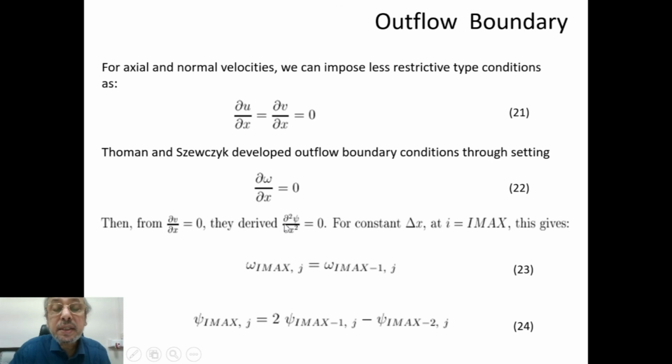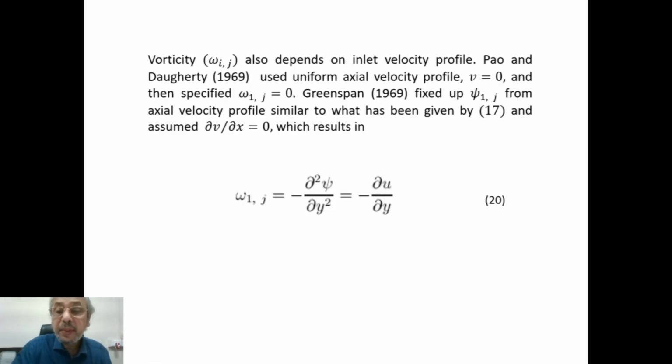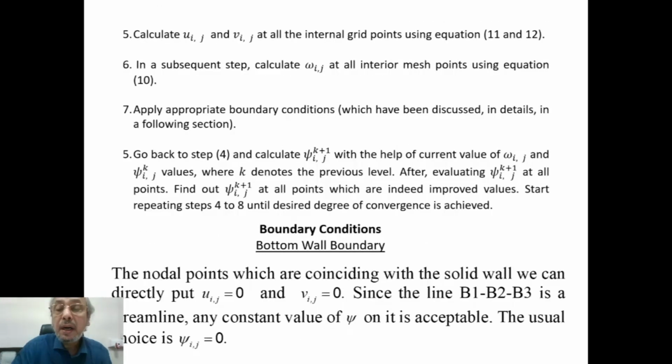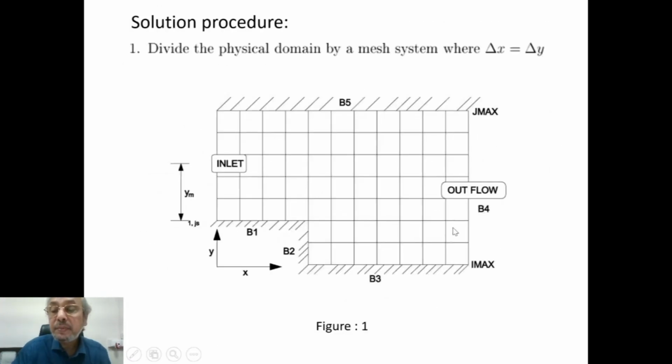And how to set del 2 psi del x2 equal to 0? We apply central difference on psi at the points at the exit boundary. That means all these points j will vary, I equal to I max, but we apply central difference.